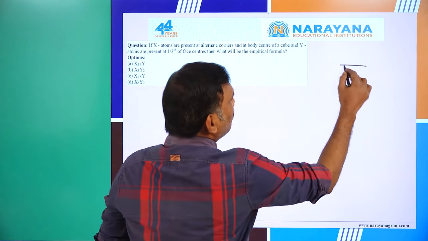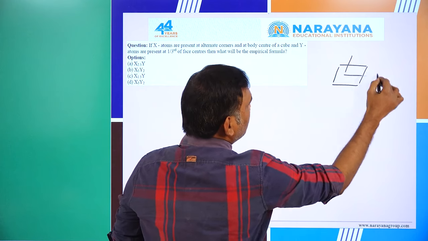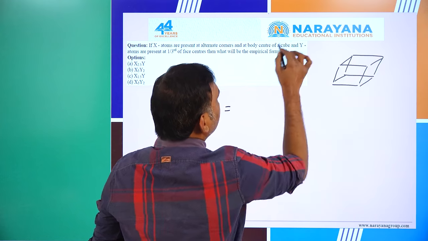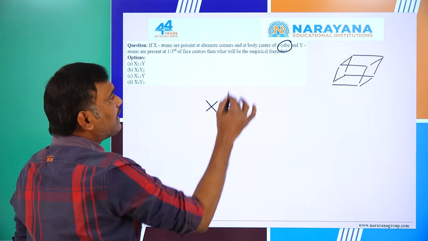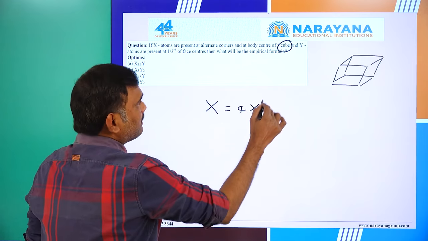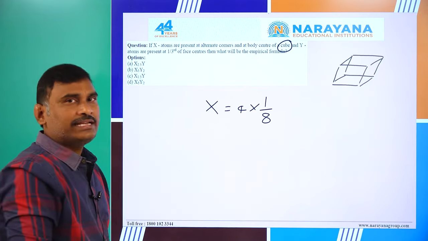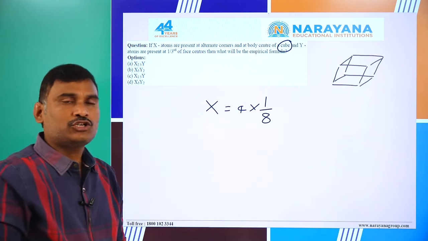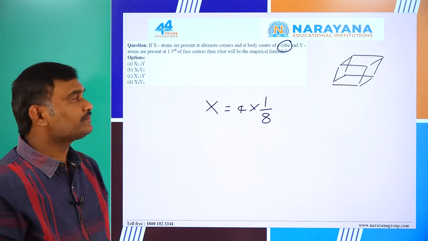For a cube, the total number of corners is 8. Alternative corners means 4 corners only. And what is their contribution? Each corner is 1/8 part only, because each corner is shared by 8 such unit cells.